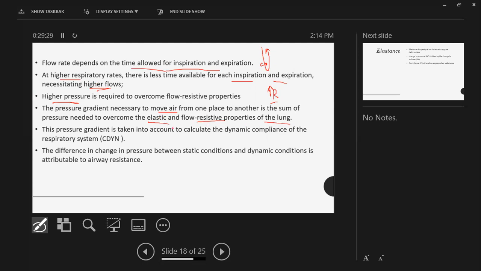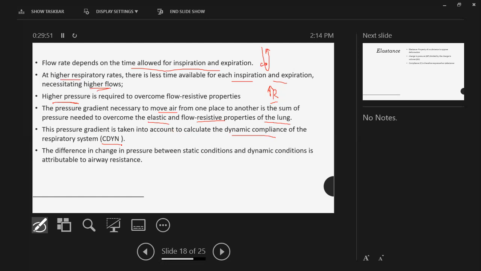This pressure gradient is taken into account to calculate the dynamic compliance. That's why I told you dynamic compliance is dependent on your flow of air. No, dependent on, I should not put it like that. Dynamic compliance is what you measure as compliance when there is flow of air. So static is when there is no flow of air.